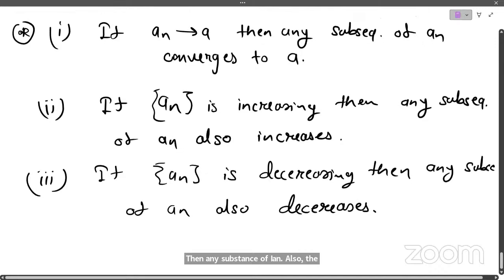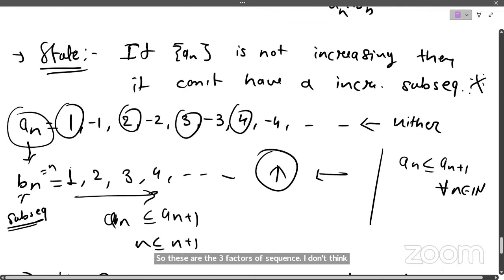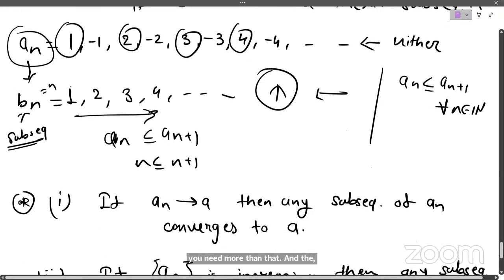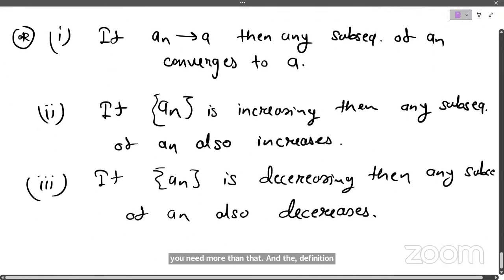So these are the 3 facts for subsequence. I don't think you need more than that. And the definition of subsequence. These are clear now. Any doubt on these 3 statements?